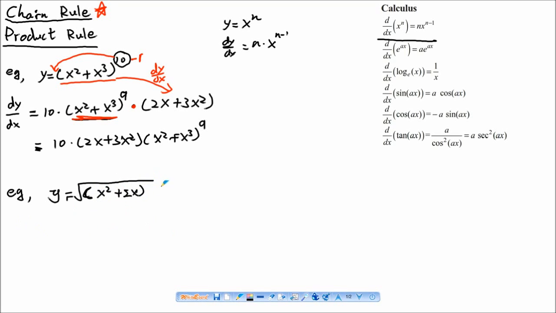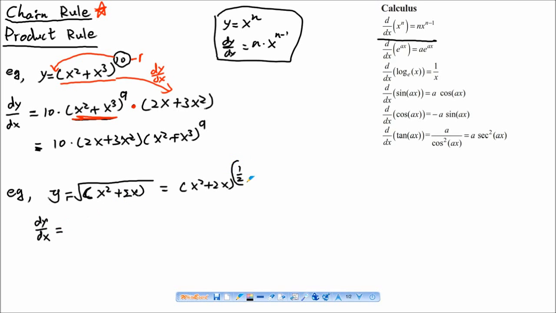The idea is to use this formula again, but convert it into this form: bracket x squared plus 2x power of half. The differentiation of it will be, we move the power to the front, and the power has to take away 1, and I have times the differentiation of whatever is inside the bracket.